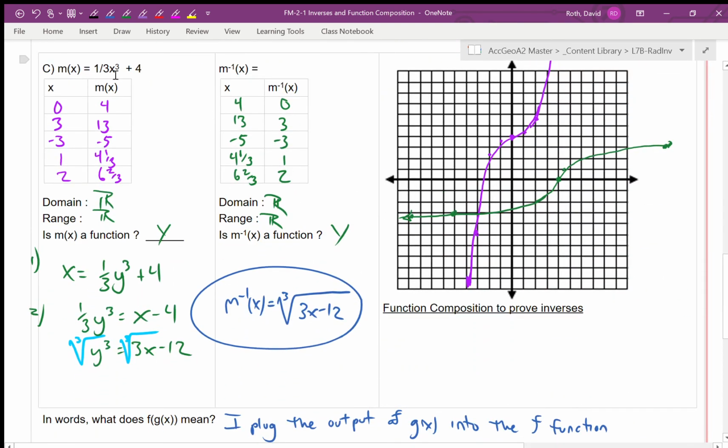Notice that a cubic ends up creating a cube root as its inverse function when you go through the steps. Again, the first step here, this m of x, I turned it into a y, and then this y got turned into the x here. This x cubed became the y cubed. And then when I'm solving for this y, step 2 right here, and the last thing, don't forget that y gets turned back into m negative 1 of x.